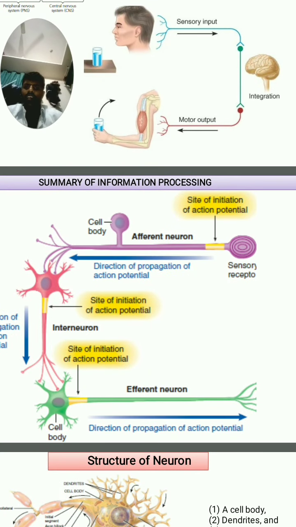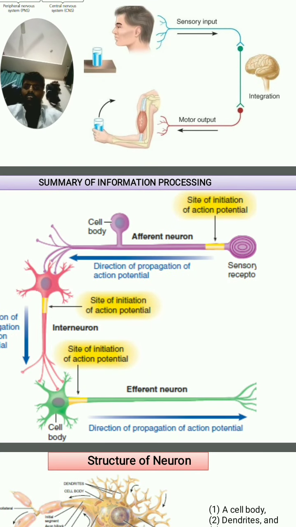Summary of information processing. These are the sensory neurons, interneurons, and efferent neurons. Sensory neurons consist of sensory receptors which receive the signals and send information towards the interneurons. And this is the axon hillock, the site of initiation of action potential. Action potential is an electrical signal that propagates or travels along the surface of the membrane of a neuron.